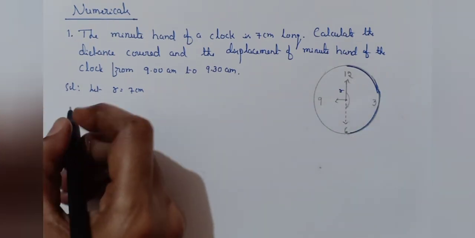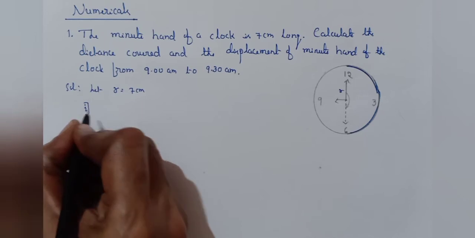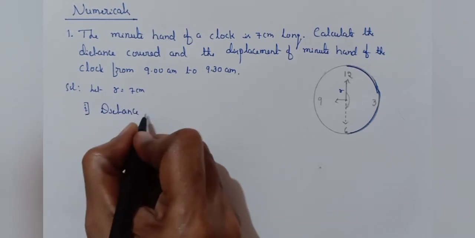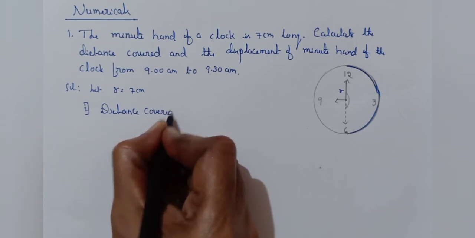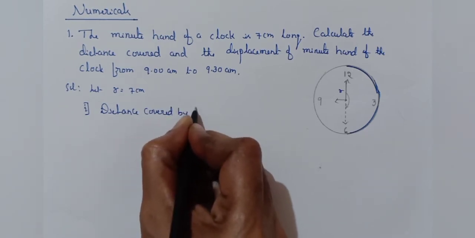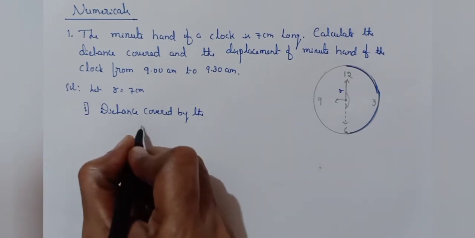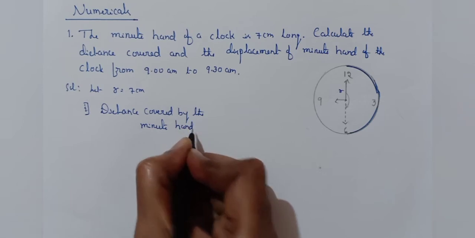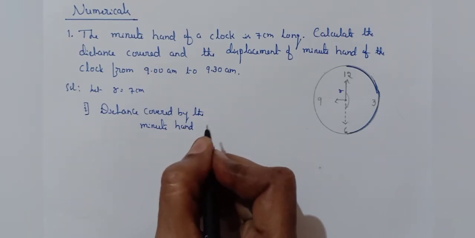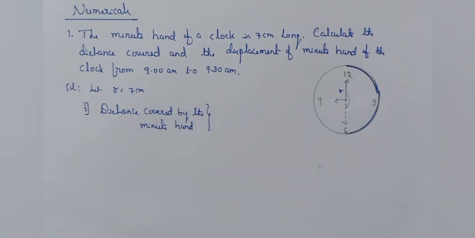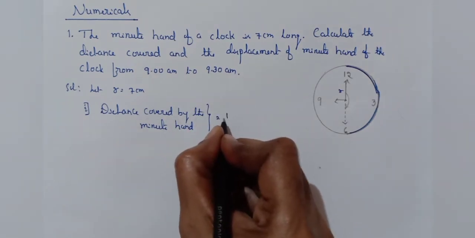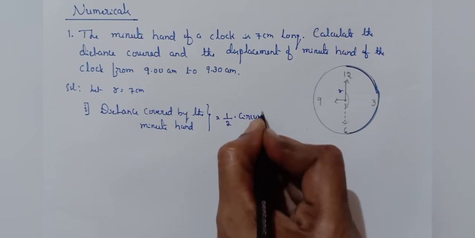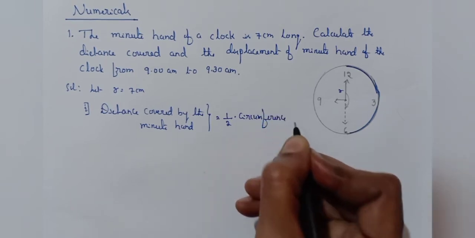So, the distance covered by the minute hand from 9 to 9:30 is half of the circumference of the circle.